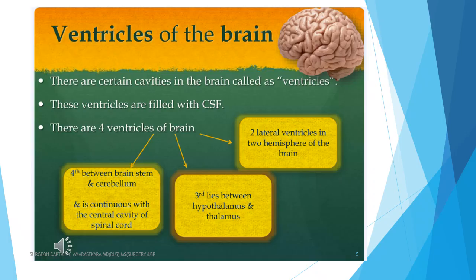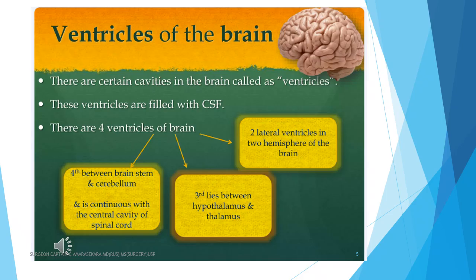There are four ventricles within the brain, each strategically positioned to support and cushion neural tissues. The two lateral ventricles, one in each cerebral hemisphere, are the largest and most anterior. They connect to the third ventricle via the interventricular foramina or foramina of Monro.